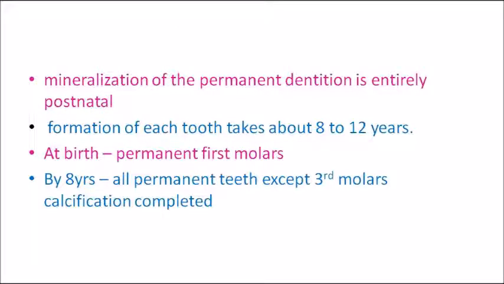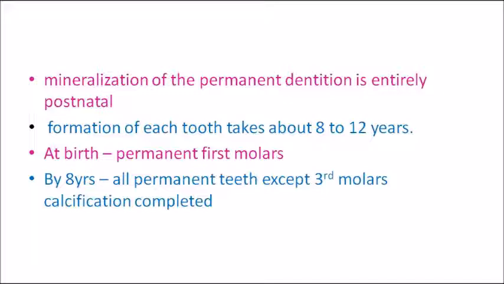So to summarize the important landmarks in case of the development of permanent dentition, the mineralization of the permanent dentition is entirely postnatal. So that's an important point. And formation of each tooth takes around 8 to 12 years. It was just 2 to 3 years in the case of primary dentition, but in case of permanent dentition, the formation of each tooth takes about 8 to 12 years.